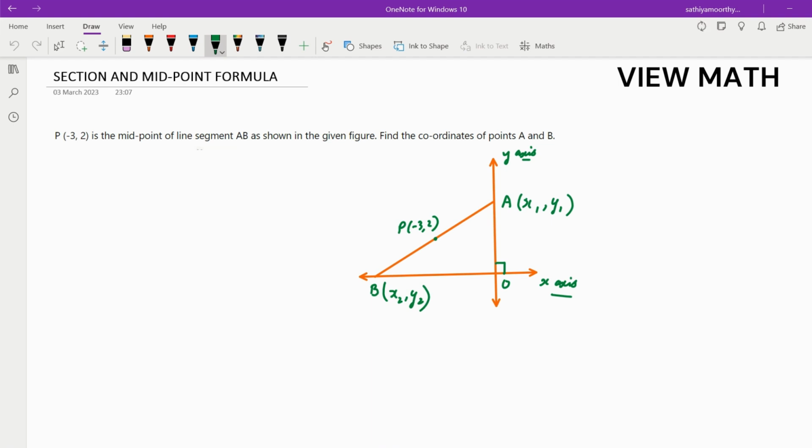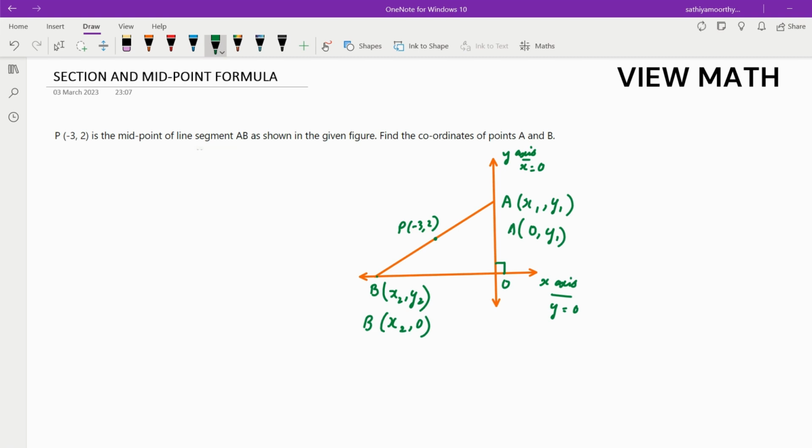On the y-axis, x is equal to 0, so the x-coordinate is 0. Therefore A is (0, y1). Now here the point B lies on the x-axis. On the x-axis, y is equal to 0 we know. So the y-coordinate is 0, therefore B is (x2, 0). This is the B coordinate and this is the A coordinate.